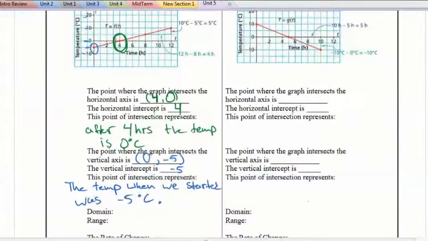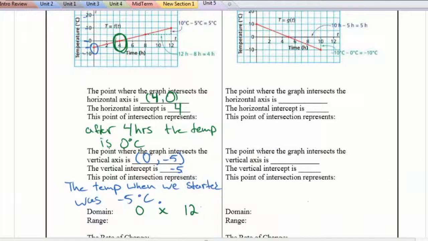So the domain is the x values, and the smallest x value looks like it's 0, and the largest x value looks like it goes all the way up to 12 here at the end. So my domain is going to be my x values, between 0 and 12.